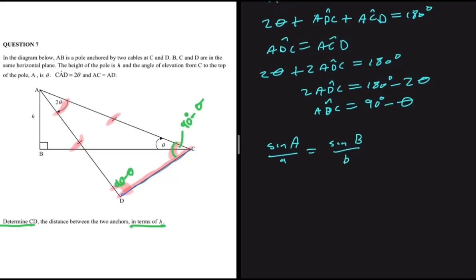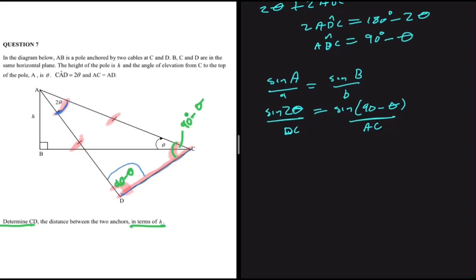So let's take sine of 2 theta. So we're saying that sine of 2 theta divided by the opposite side, DC, will be equal to, let's take this angle here, 90 minus theta, right? You're going to see why I'm saying we should take that one. Then we're going to get sine of 90 minus theta divided by the opposite side. The opposite side is AC.